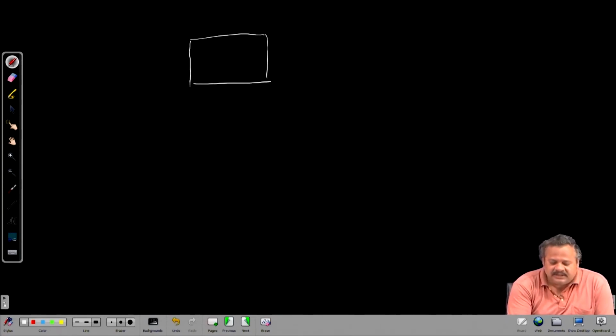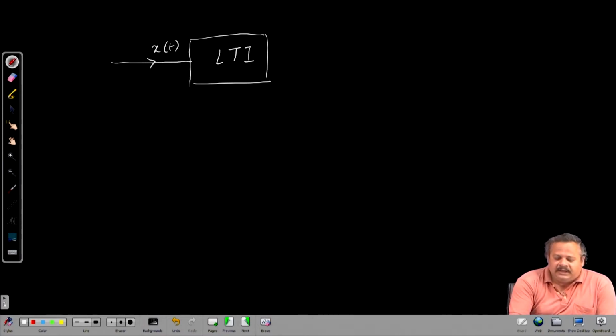If, let us say, the system S is now an LTI, then if we have an input xt, we can always find out what yt is if we know some particular property of the system, which we call the impulse response.